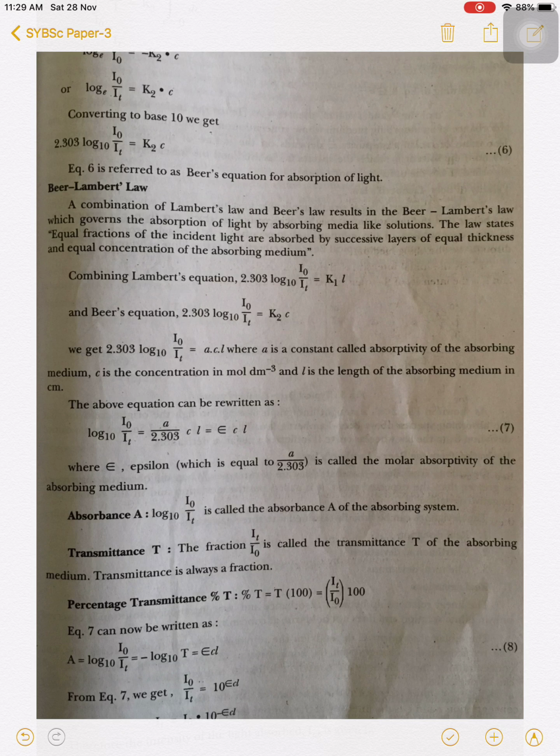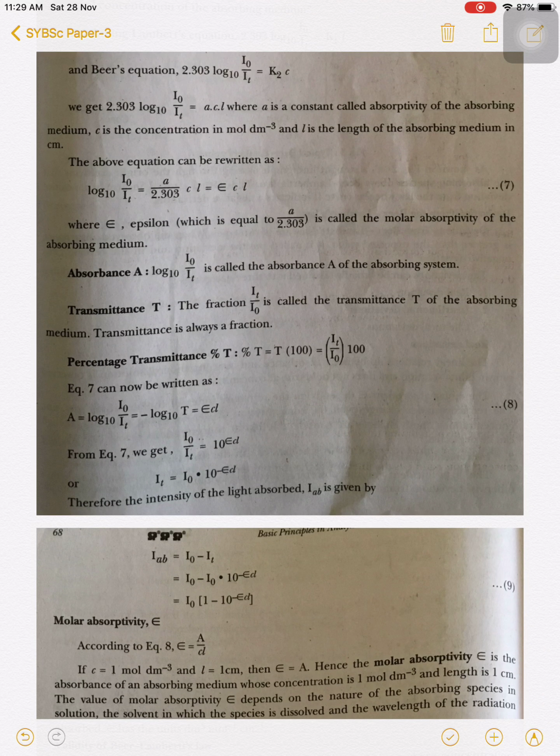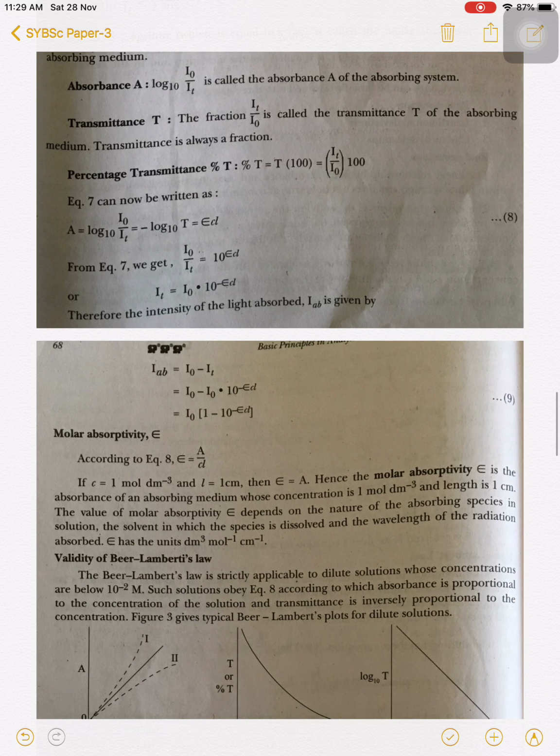So if you see equation number 7, log to the base 10 I0 by IT is equal to epsilon c into L. See equation number 8, A is equal to log to the base 10 I0 by IT, or A is equal to negative log to the base 10 T, or A is equal to epsilon c into L. And finally the last equation, equation number 9: how much intensity of light is absorbed is calculated by this equation. IAB is equal to I0 in the bracket 1 minus 10 raised to minus epsilon CL.